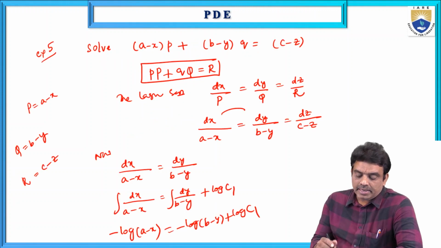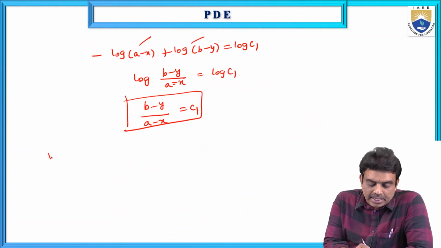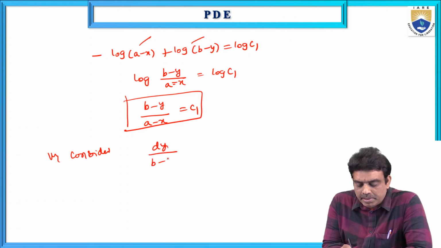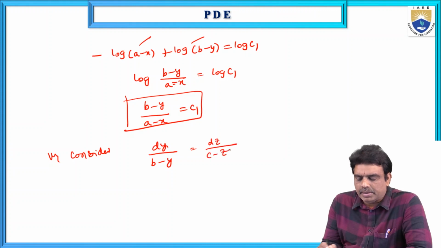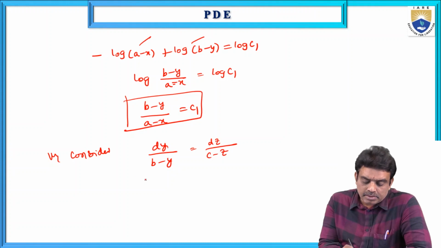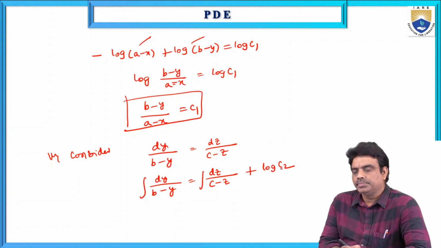Similarly, we equate the second and third. Consider dy by b minus y is equal to dz by c minus z. So, on taking integration on both sides, integral dy by b minus y is equal to integral dz by c minus z plus log c2.